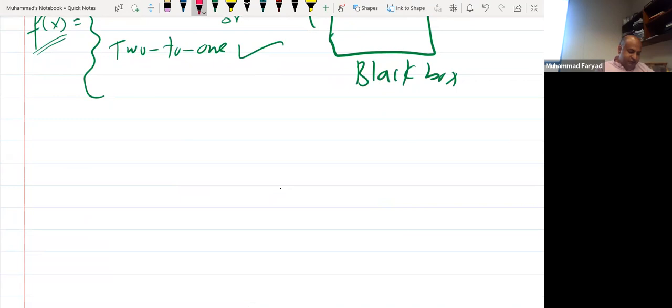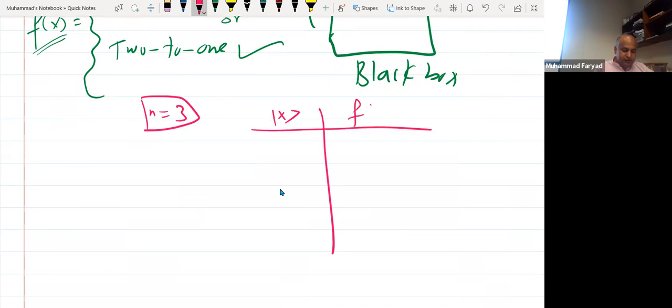So let's say, since we are talking about digital functions, and if we restrict ourselves to a 3-bit input and output, then x can be 000, 001, 010, 011, 100, 101, 110, 111.